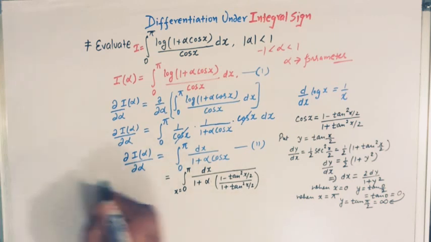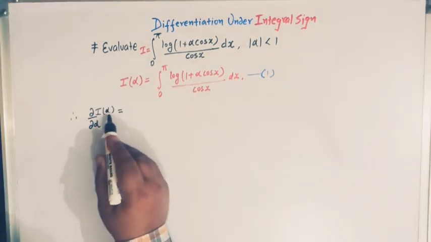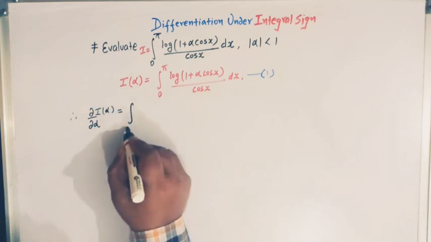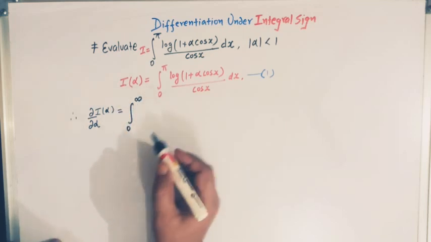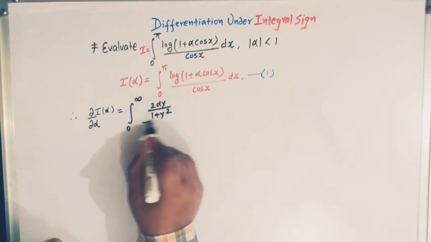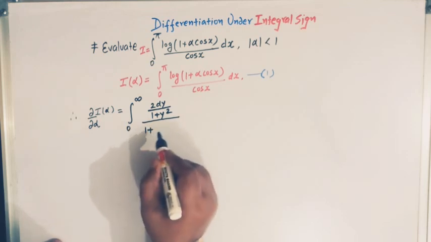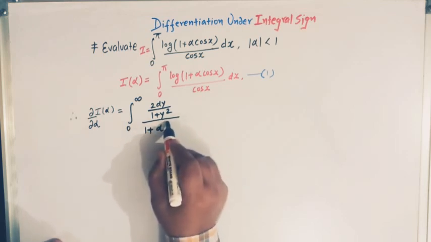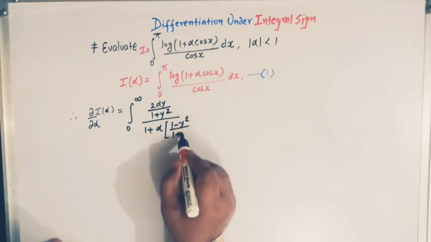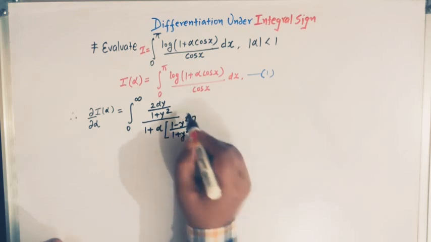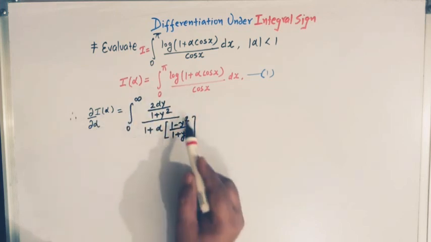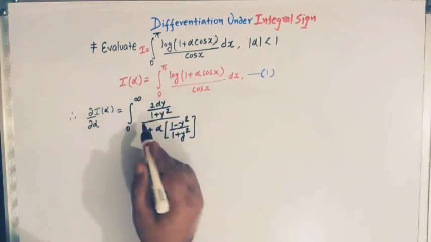So now we can write del I(alpha) over del alpha is equal to the integral from 0 to infinity, and for dx we have 2 dy over (1 plus y square) divided by 1 plus alpha times (1 minus y square) over (1 plus y square), right? So here we have this integral. Now let us simplify this expression.